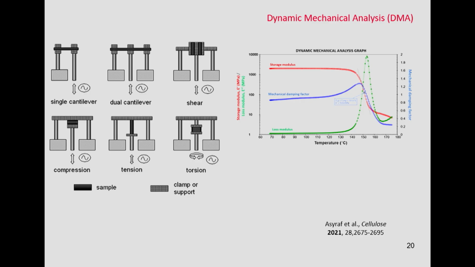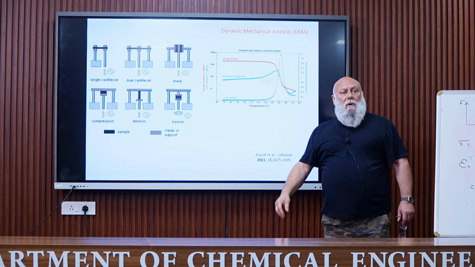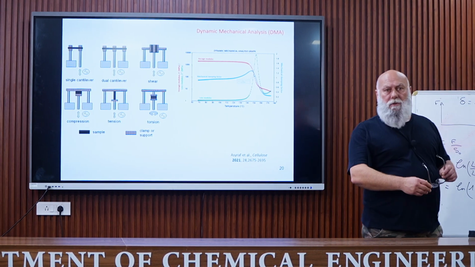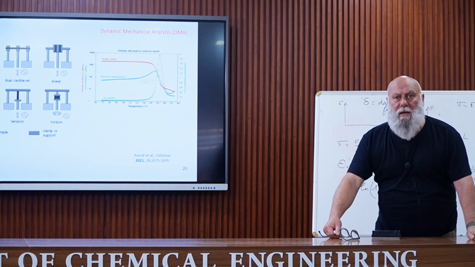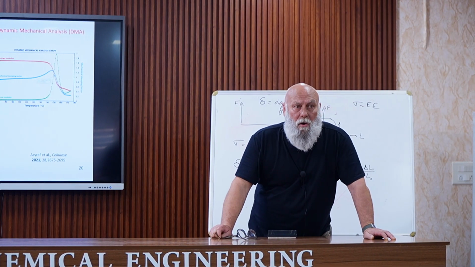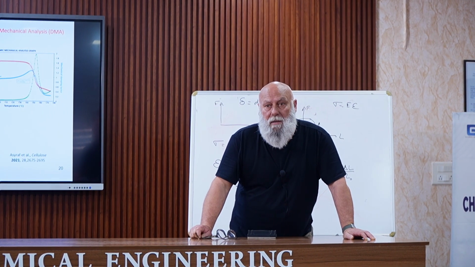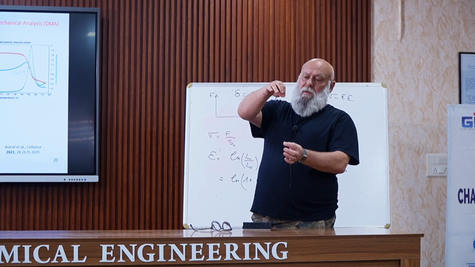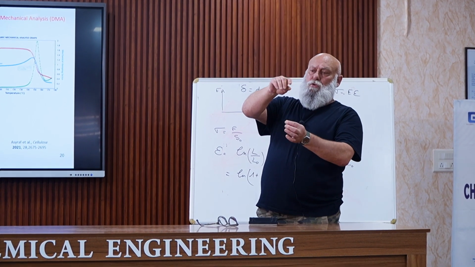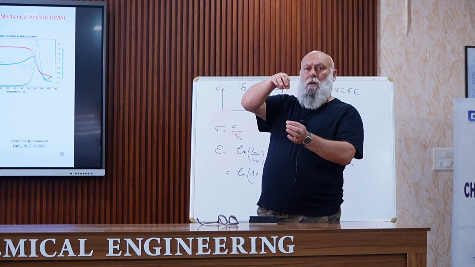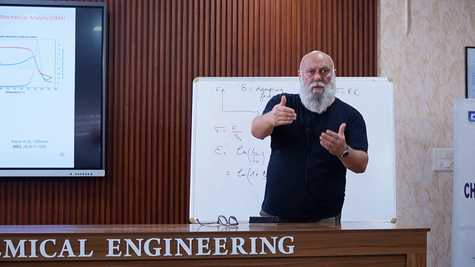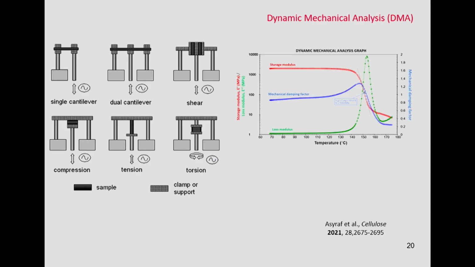Then for the mechanical damping factor, so tangent delta, we have this evolution. We have a maximum in the relaxation zone. In fact, this damping factor represents the fraction of energy which is dissipated in the sample. During this sinusoidal test, during the first half cycle, some mechanical energy is provided to the sample, and during the second half cycle, only part of the energy is recovered.